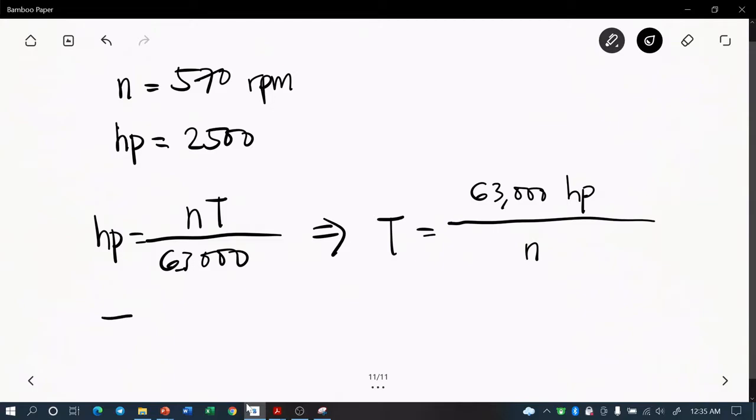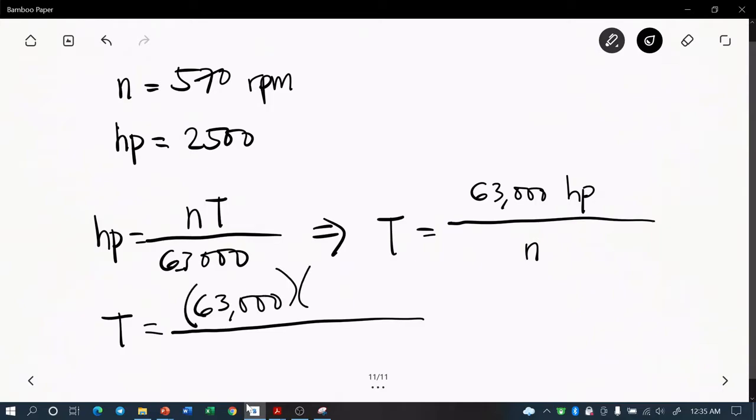Now we just substitute these values and obtain the value for torque. Torque is equal to 63,000 times our horsepower of 2500 HP, over our angular velocity of 570. The unit of torque should be inch-pound. If you're holding a calculator, please verify this.